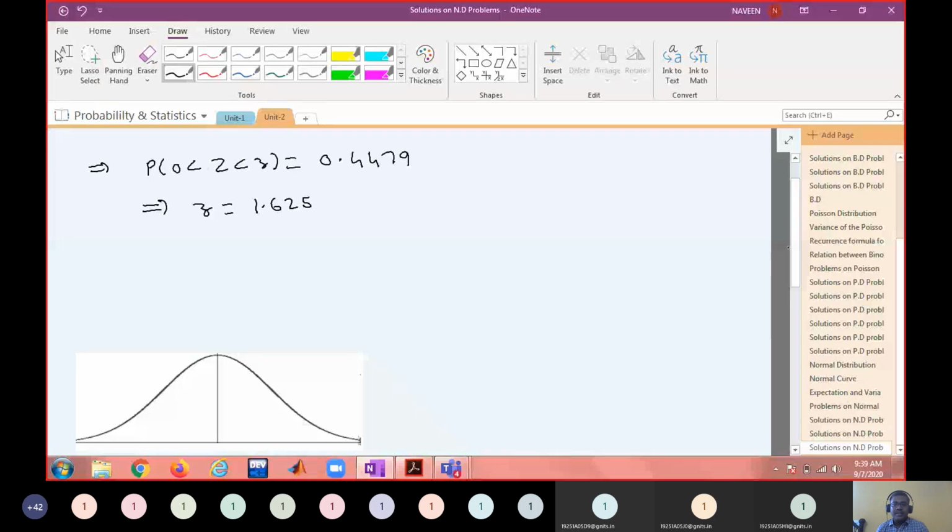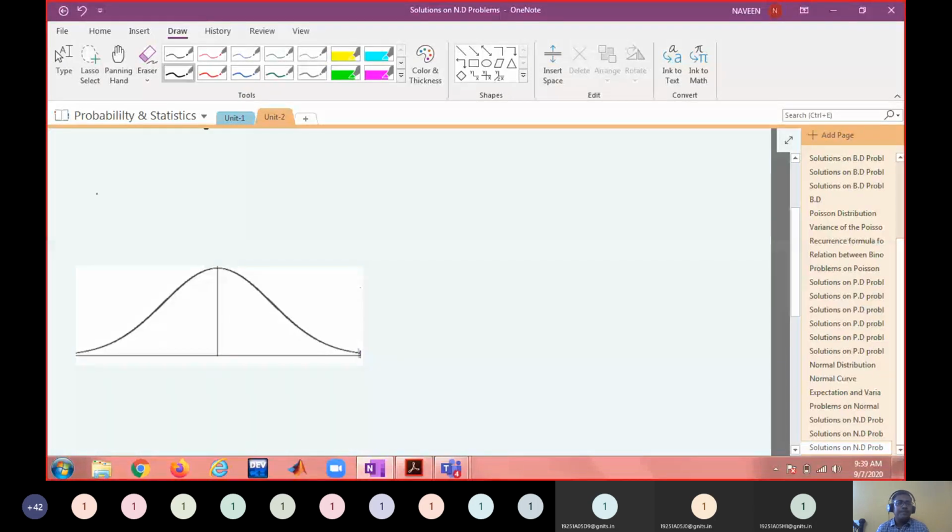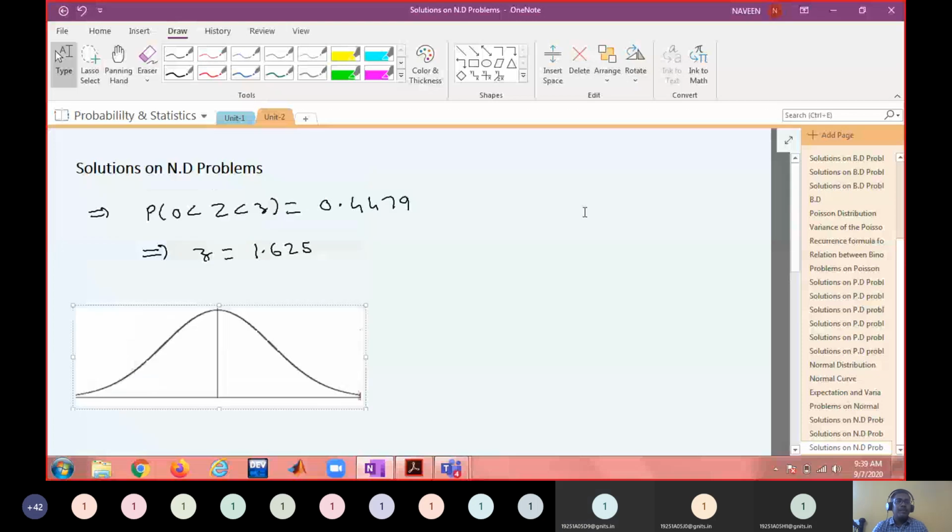Okay, so what is the next problem? Third one. Area between minus z to z, right? So the area between minus z and z is 0.9.